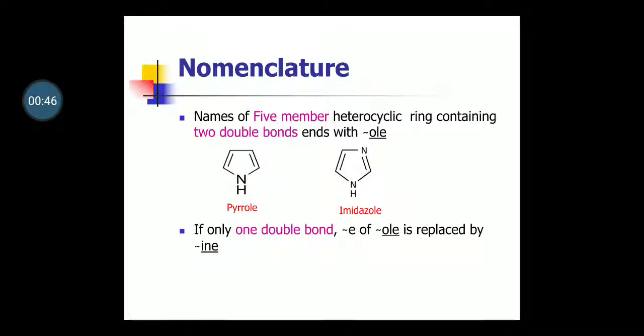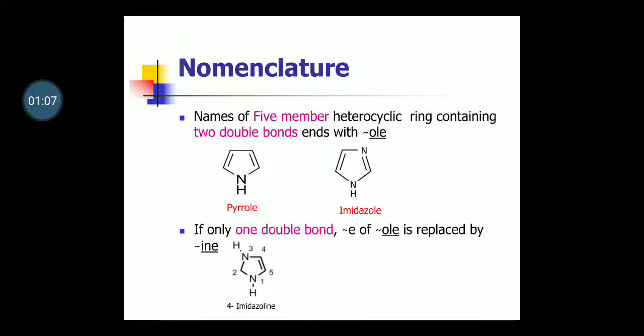Next, if one double bond is there, five-membered ring, but only one double bond, then E of OLE is being replaced with INE. So in this we will take the example imidazole, which becomes imidazoline, and with this we also have to show the position of double bond.